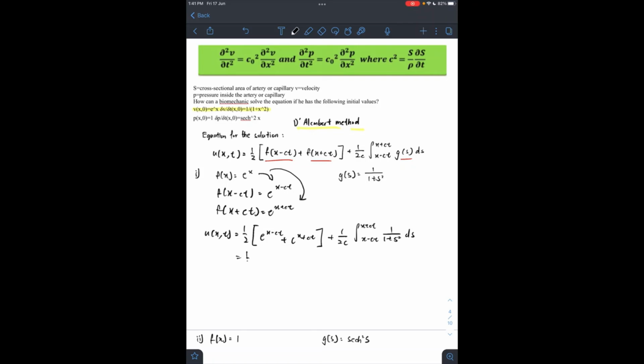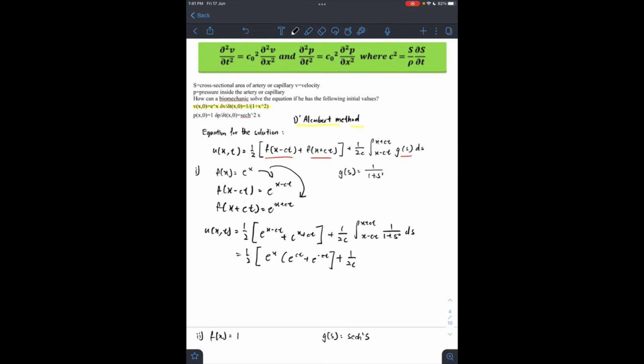Okay, we continue, and this we can substitute out. It becomes e to the ct plus e to the minus ct. Okay, and then this bracket I changed a little bit. After this, when we integrate this, it will become the inverse tangent of s plus ct, s minus ct.